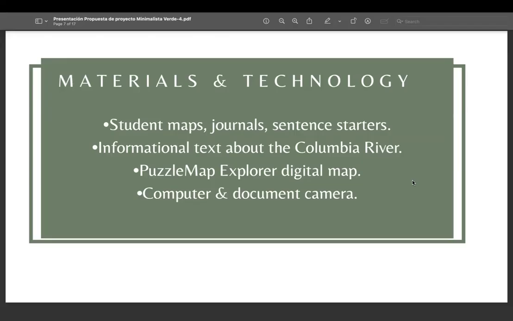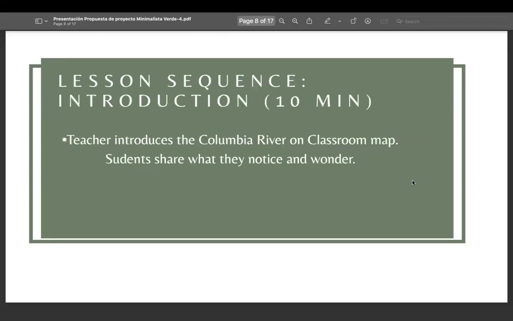It's all about the Columbia River. And then the puzzle map and the Explorer digital map will be needed as well, and a computer and a document camera.